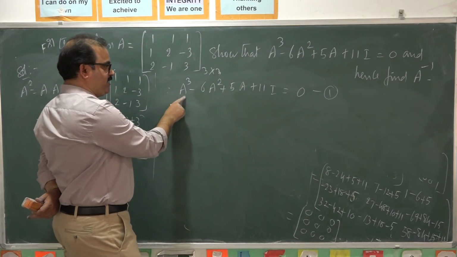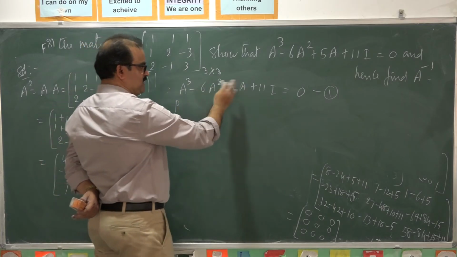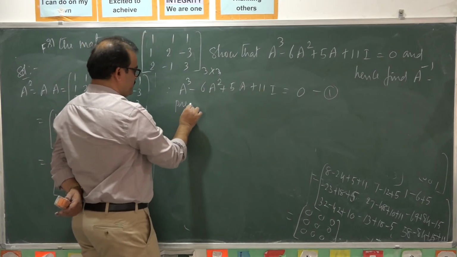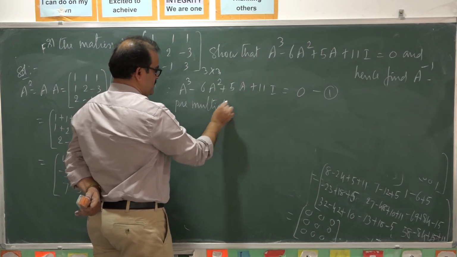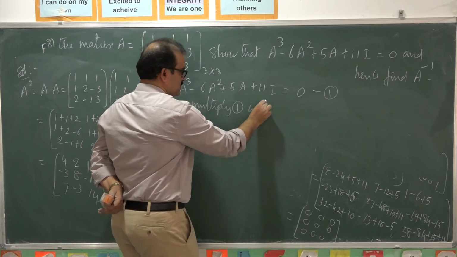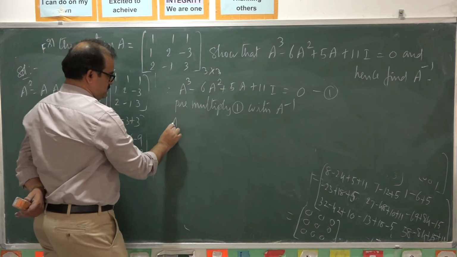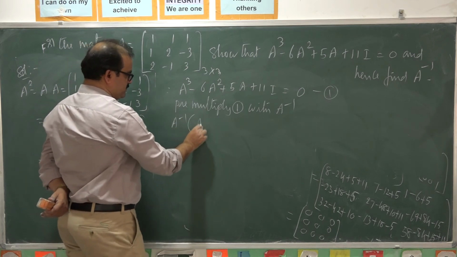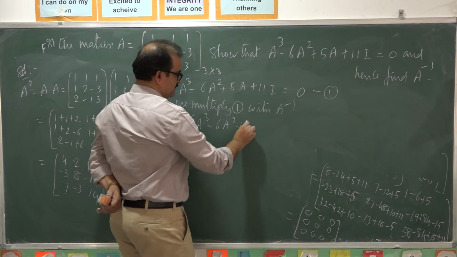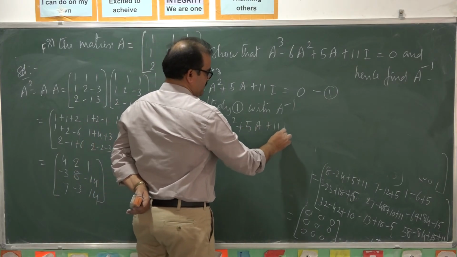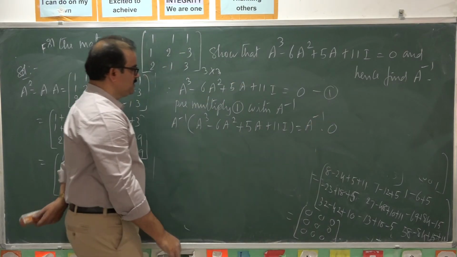Now we find A inverse from this equation. For this, multiply both sides with A inverse. Pre-multiply equation 1 with A inverse. A inverse into A cube minus 6A square plus 5A plus 11I is equal to A inverse into 0.